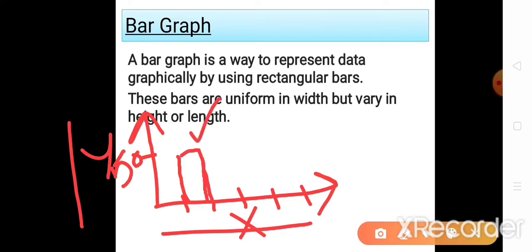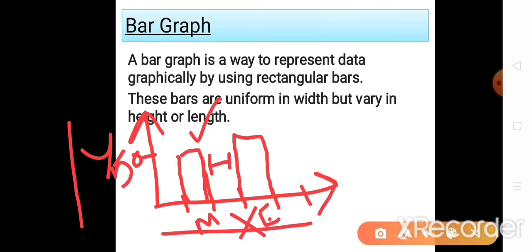For another subject, say this is for maths, for another subject, say English, if you are getting more than 50, then you have to start from here and you have to go a little beyond 50 as your marks are there. And remember one thing, the gap between these bars needs to be equal. So if you don't provide equal gaps between the bars, then your whole bar graph is wrong.